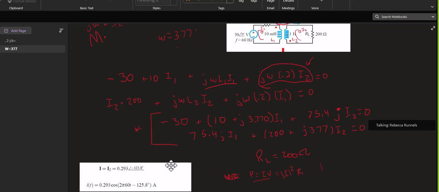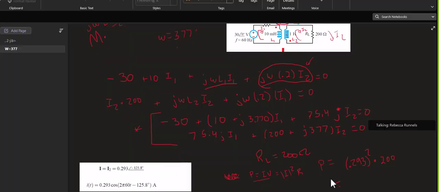And so the power absorbed by the resistor is going to be the magnitude of I2, because I2 is the current going through this resistor. And that magnitude was found to be 0.293 squared times 200.